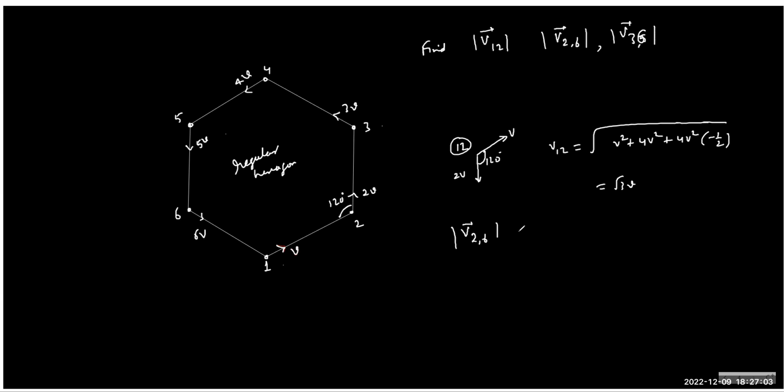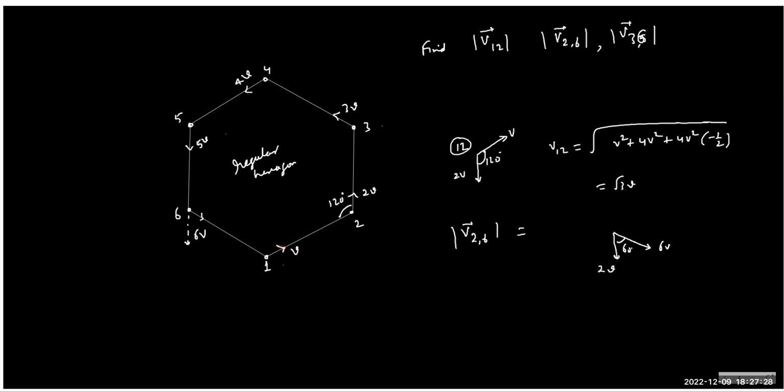And V26. V26 is again very simple. It is 6V and this is 2V, and the angle is 60 degrees, right? So what I've done is I've taken the 2V in the downward direction and attached it here simply because you have to add in the reverse direction.